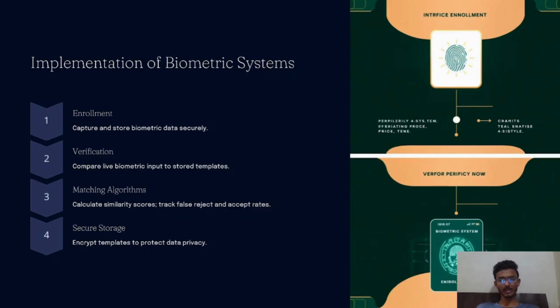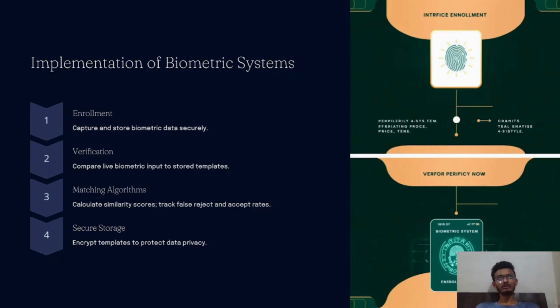The second step is verification, to compare live biometric input to the stored templates. As I discussed, your biometric data will be stored in the microcontrollers, and it will check your present input data and verify it. The third step is the matching algorithm, which calculates similarity and tracks false rejection and acceptance rates.